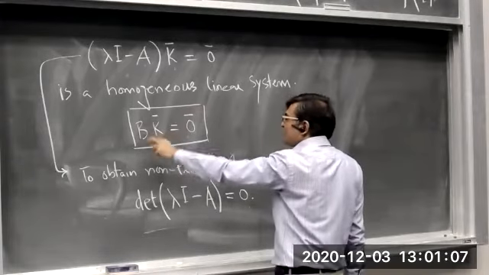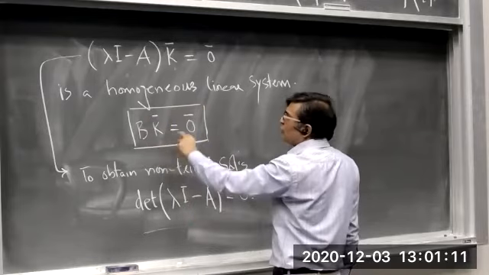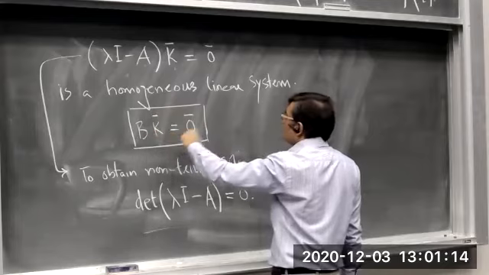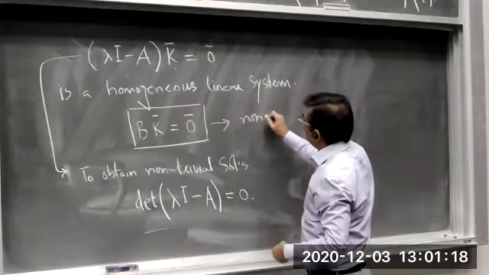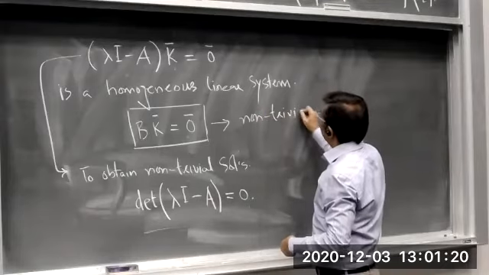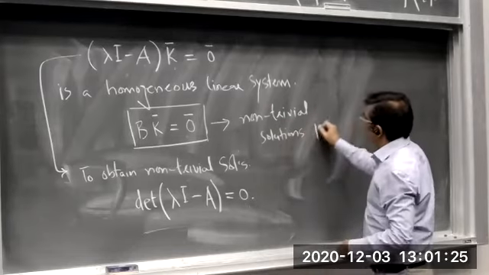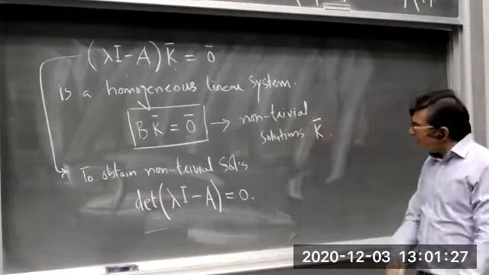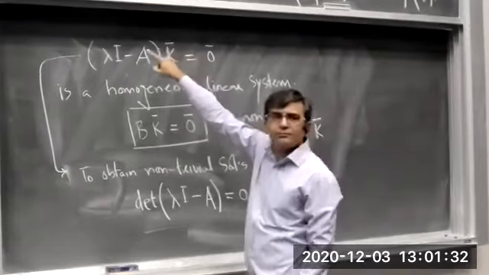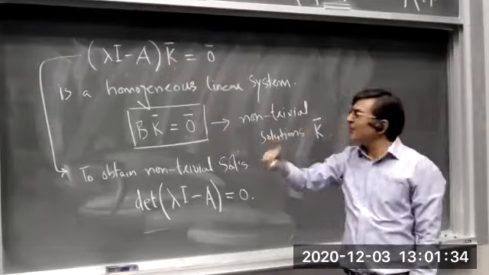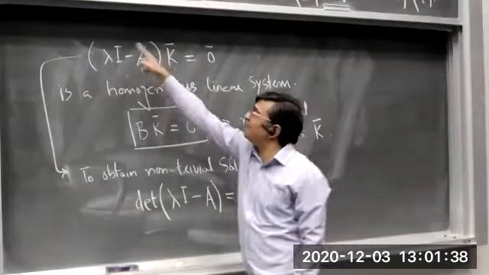You have this homogeneous linear system; from here, if the determinant of B is 0, then you can find non-trivial solutions k from this system, provided that the coefficient matrix is singular, meaning its determinant is 0.